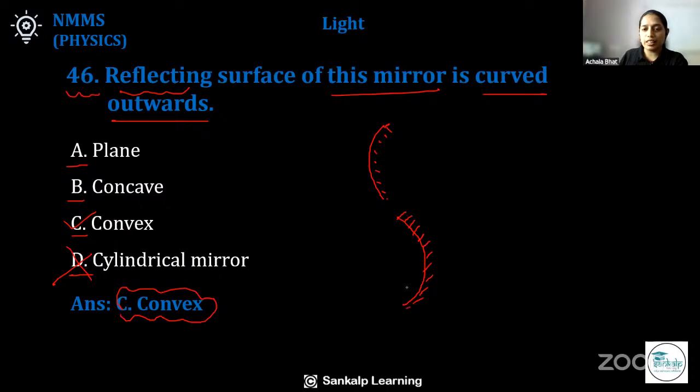This is the reflecting surface of a concave mirror and this is the reflecting surface of a convex mirror. Option B is wrong. Option A, plane? No. This is also a wrong answer. Therefore, the correct option is option C, convex mirror. In a convex mirror, the reflecting surface is curved outwards.